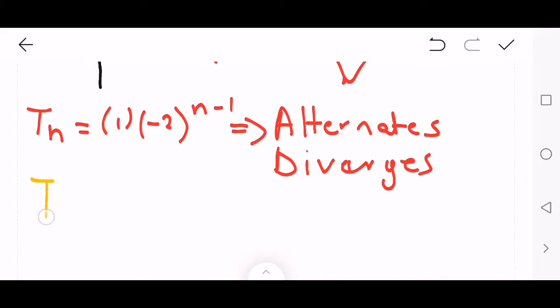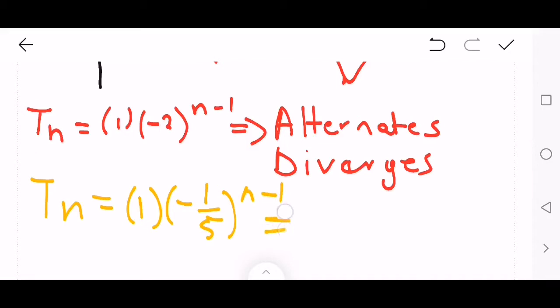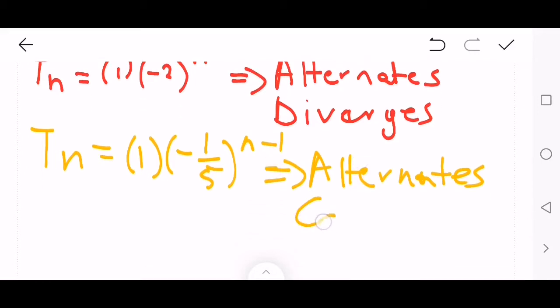So for Tn equals 1 times minus 1 over 5 to the n minus 1, our sequence alternates and converges.